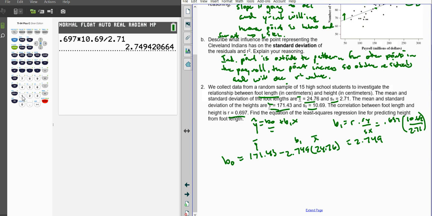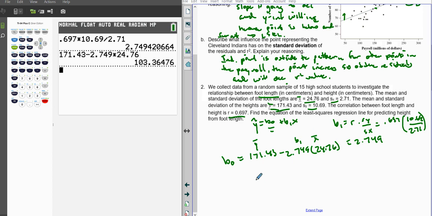So we go to our calculator and take 171.43, and we subtract from that 2.749 times 24.76. And bada bing, bada boom, we find out that our y-intercept is 103.36.